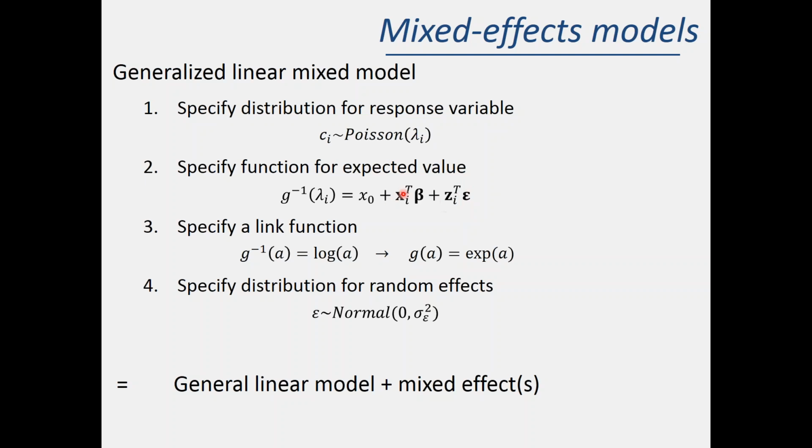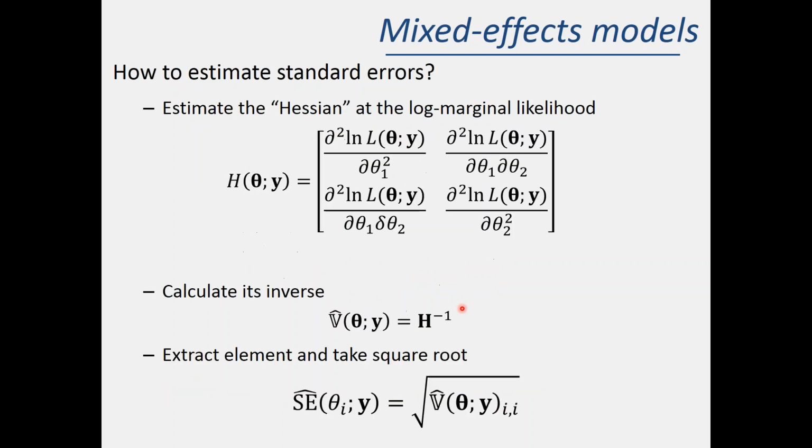And this linear predictor includes beta, fixed effects, and epsilon, random effects. And then the final part is you have to specify a distribution for your random effects. In this case, for a generalized linear mixed model, typically we specify a normal distribution for the random effects. And that's a generalized linear mixed model.